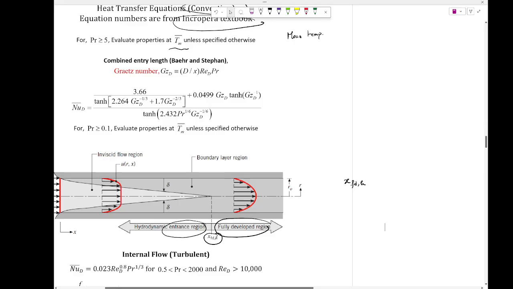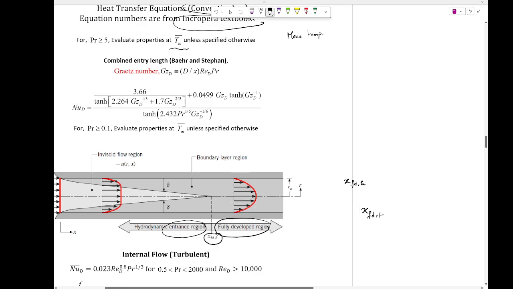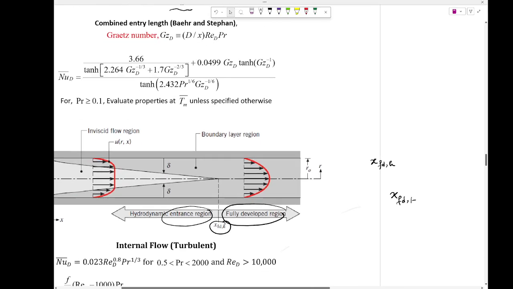So the thing you see in external flow comparable to here is the transition where the entrance zone diminishes to fully developed. FD is fully developed and H means hydrodynamic. You understand that? You would be seeing time to time X_FD,T as well. T means thermal, and they can use different subscripts as well.